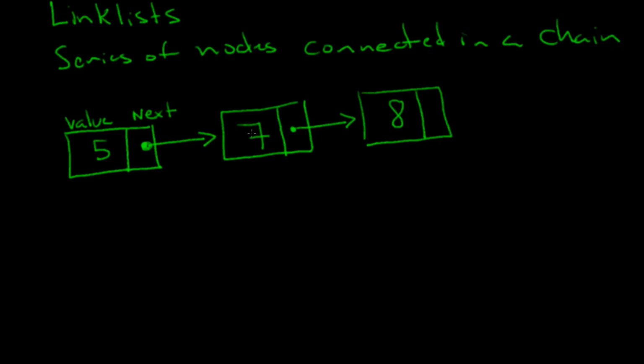And then at the end of this chain, the last node points to null. And then to get access to this linked list, usually we have another pointer called head, and head will point to the first node.